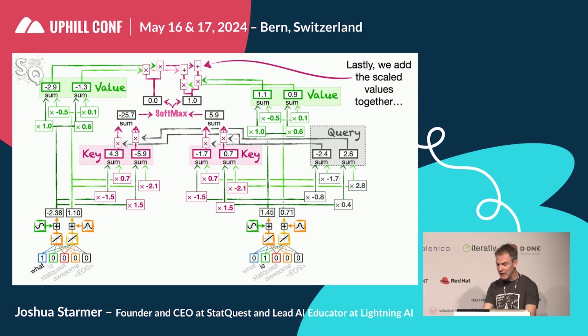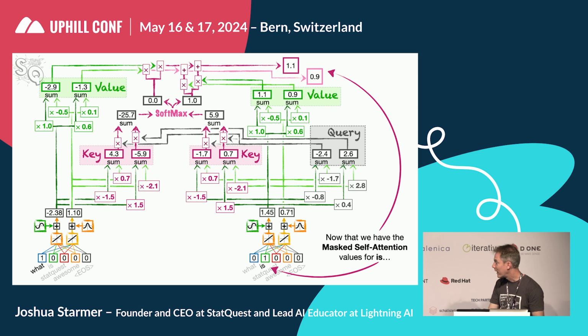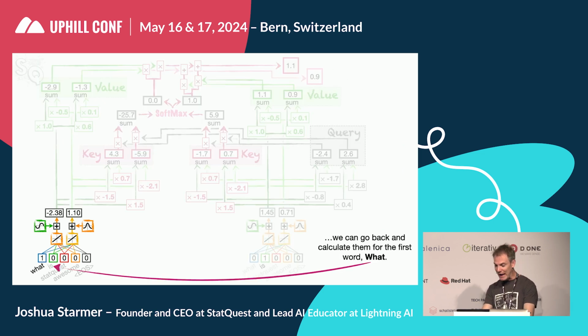Lastly, we add the scaled values together, and these sums, which combine separate encodings from both input words, "what" and "is," relative to their similarity to "is," are the masked self-attention values for "is." Bam!